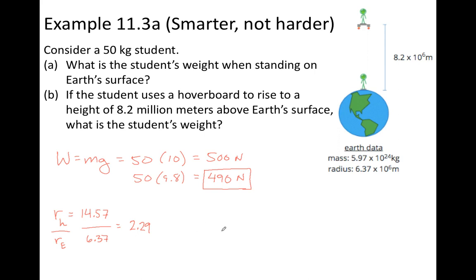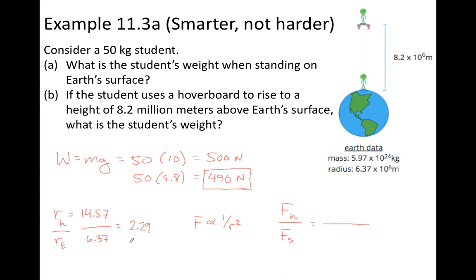And if we remember that the force of gravity is inversely proportional to the distance squared, we can set up that ratio where the force of gravity on our hoverboard is that fraction of the force of gravity on Earth's surface.